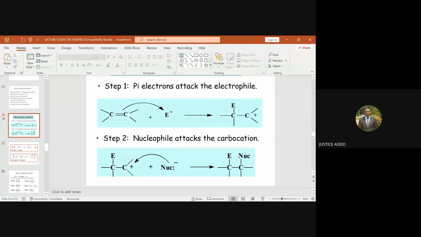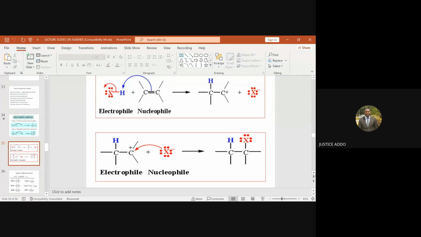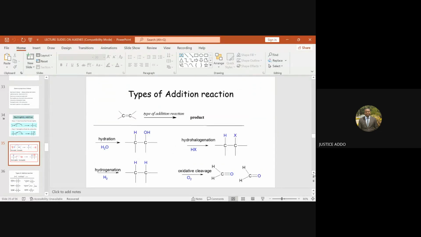So when you form the carbocation, then a nucleophile can then react. So it's like in chemistry, positive, negative, and then there's a reaction. You create a positive center, a negative center, and then there's a reaction. So that is basically that. Most of the reactions of alkenes we'll be looking at follow electrophilic addition reactions.